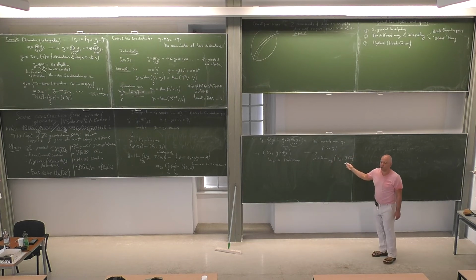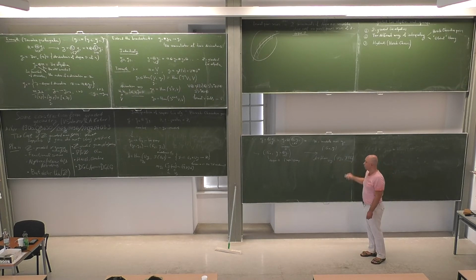We produce some Hopf algebra, which will clearly be graded because everything is graded. So there's a grading coming from this, because this is of degree 0. And this will be a graded Hopf algebra.